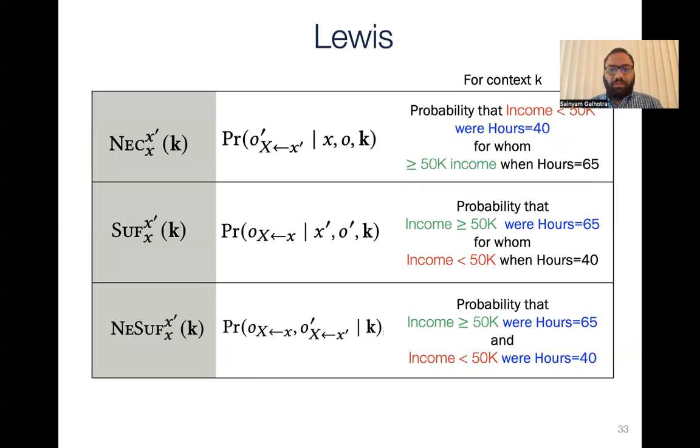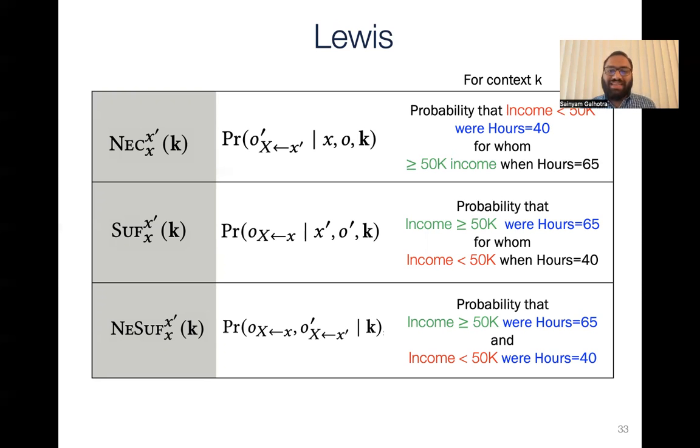Following this notation, Lewis defines three different types of scores. First is the sufficiency score, which we already saw previously, which calculates the probability that improving an attribute value for all individuals that received a lower income would improve their income. Secondly, the necessity score considers the flip side, which calculates the probability that reducing an attribute value for all individuals that received high income would lead to a lower income.